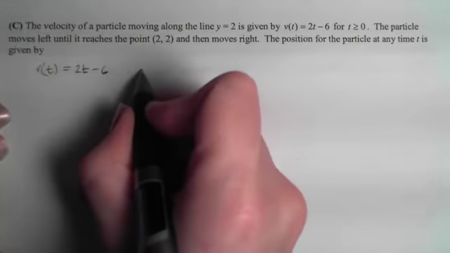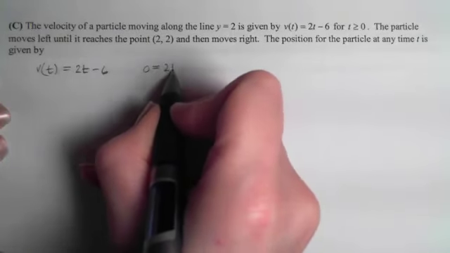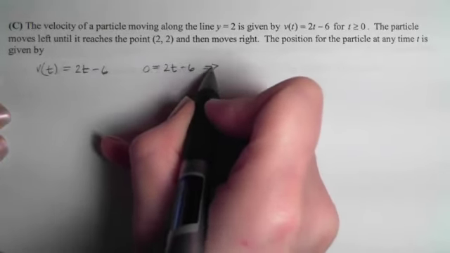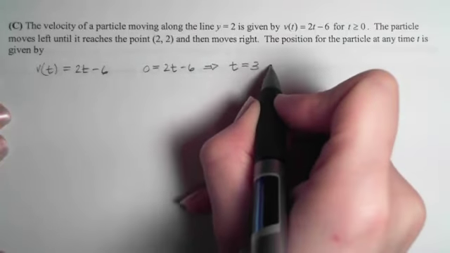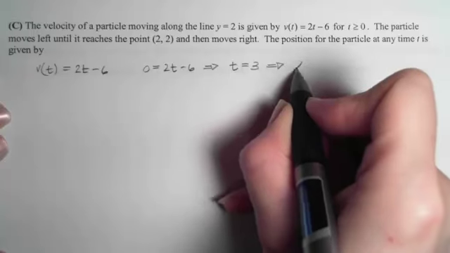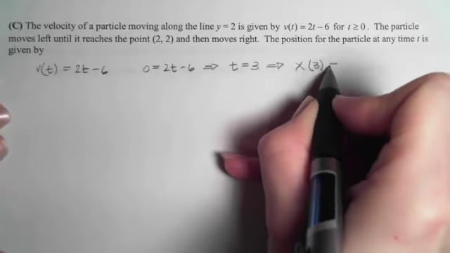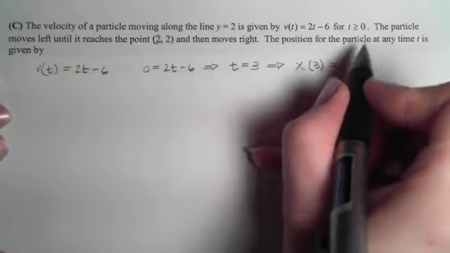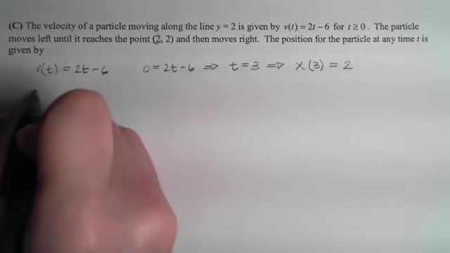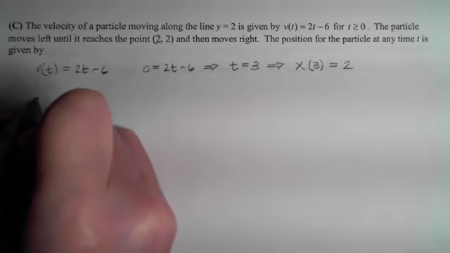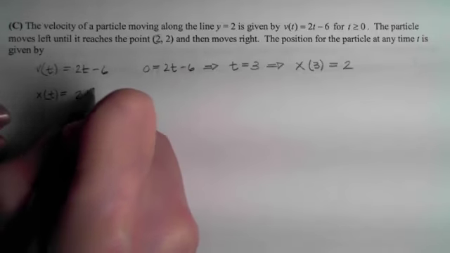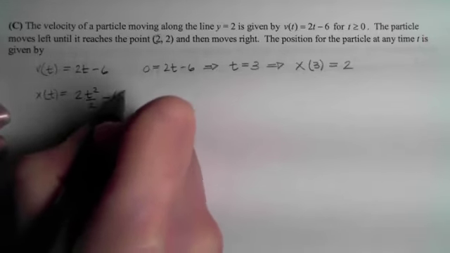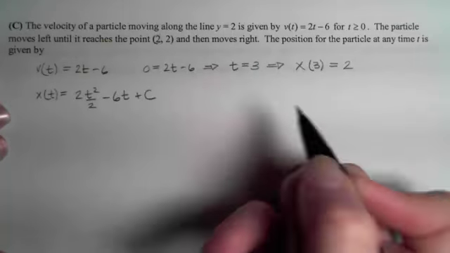That means that velocity will be 0 when t equals 3. So my position when time is 3 is going to be 2. That means my antiderivative, or my position function, will be 2t squared over 2 minus 6t plus a constant.